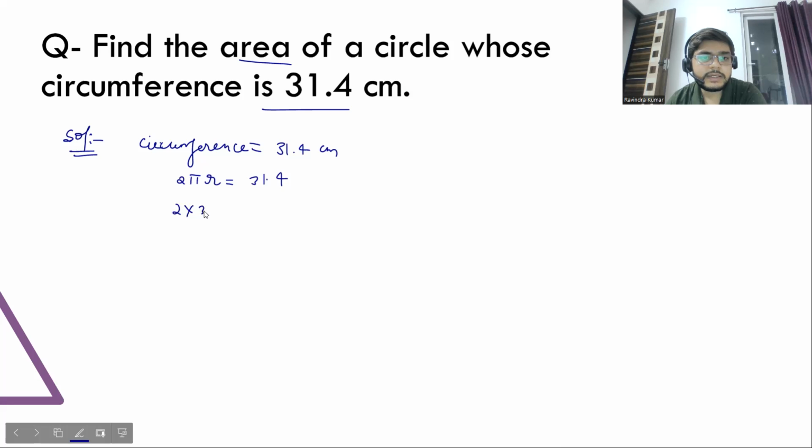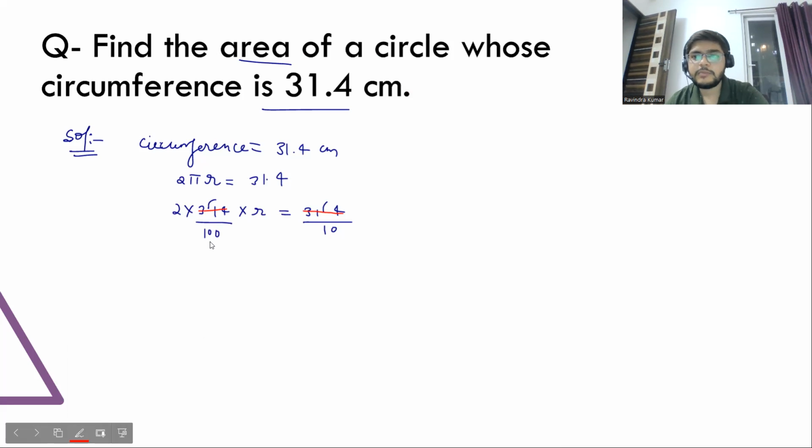Put the value of pi, that is 3.14, and the value of r. Now just remove the decimal point. After the decimal in 31.4 there is only one digit, so put 10 here, and in 3.14 there are two digits, so put two zeros here. Now 314 is cancelled out by 314.